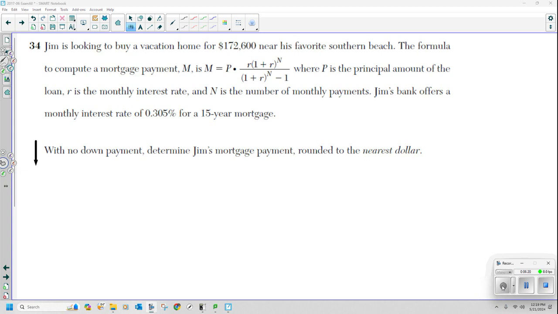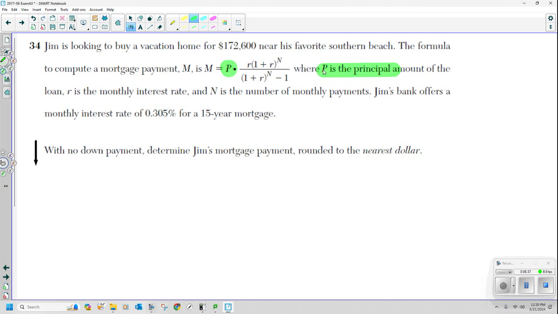The formula to compute a mortgage payment M is M equals P times R times (1 plus R) to the N, all over (1 plus R) to the N minus 1. Where P is the principal amount.